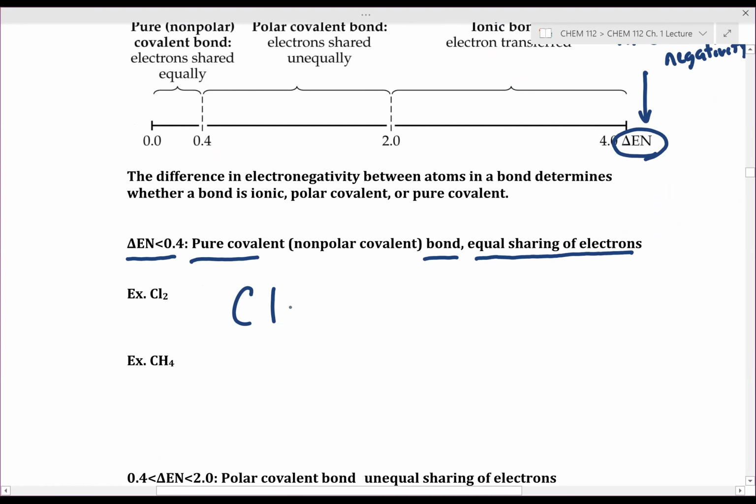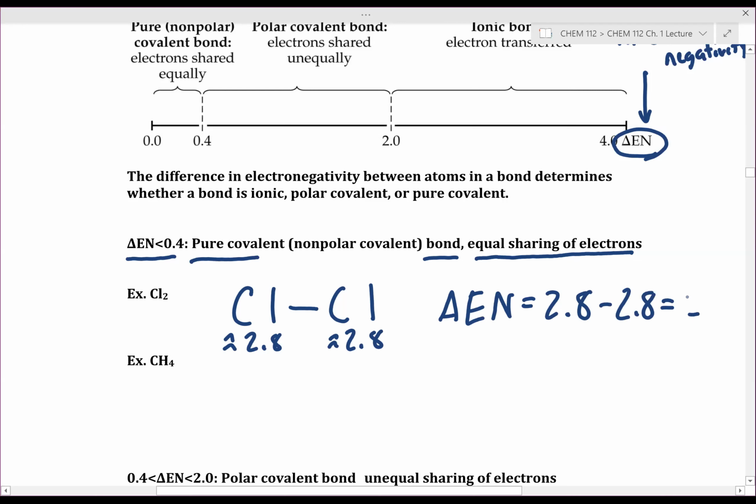So for example, looking at a chlorine-chlorine bond, the electronegativity of chlorine is approximately 2.8. So if we calculated our difference in electronegativity, 2.8 minus 2.8 would give us 0. So our difference in electronegativity is 0. Both of the chlorine atoms are pulling on electron density in our chemical bond with equal strength.